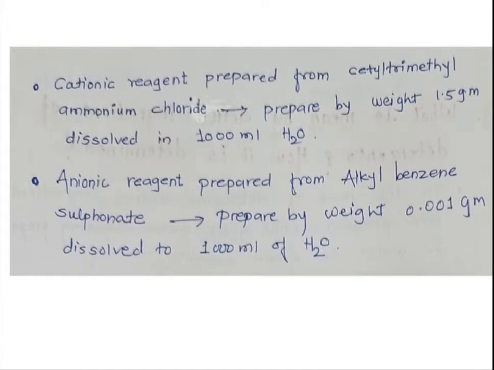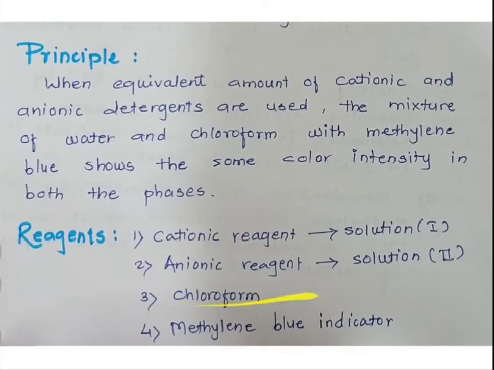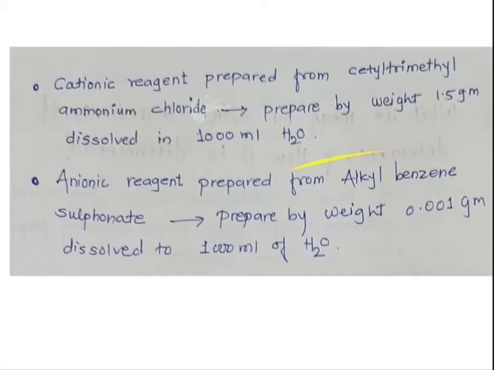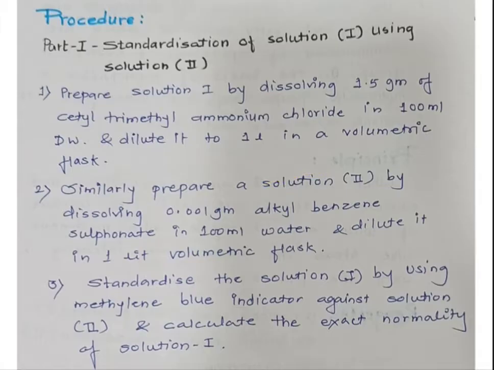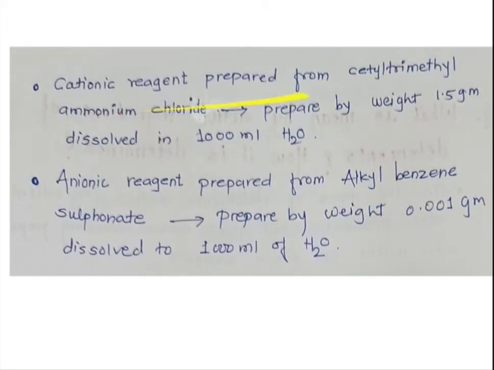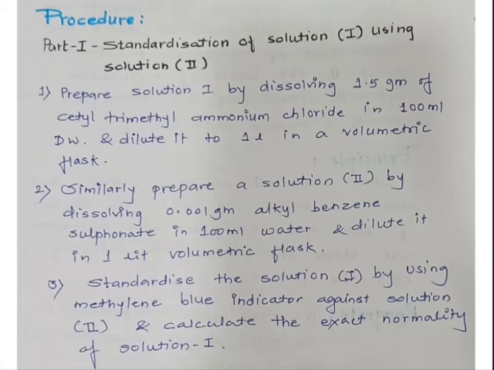So now we have the cationic reagent, anionic reagent, chloroform and methylene blue indicator. So let's start with the procedure. In the procedure, initially we have to standardize solution 1 using solution 2. So the cationic solution can be standardized by using the anionic reagent.